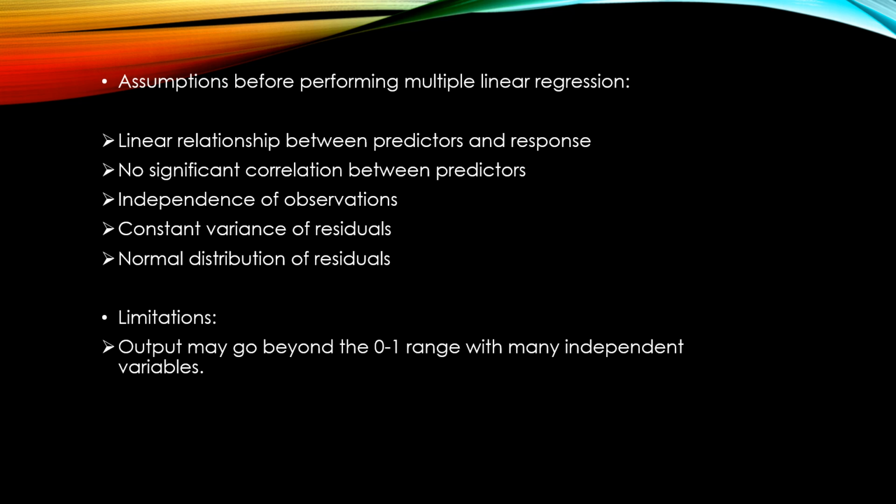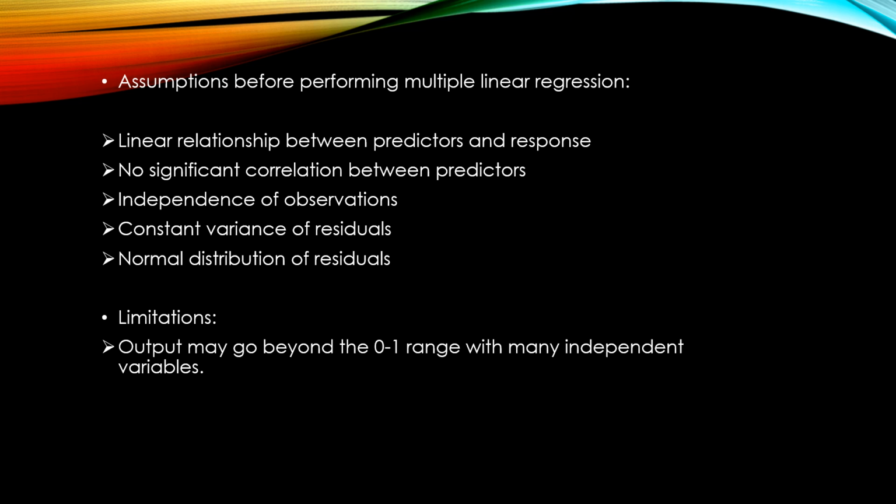And the next assumption is independence of observation. The value of the dependent variable for one observation should not be influenced by the other. And there is constant variance of residuals and normal distribution of residuals, and there is a limitation that output may go beyond the range.